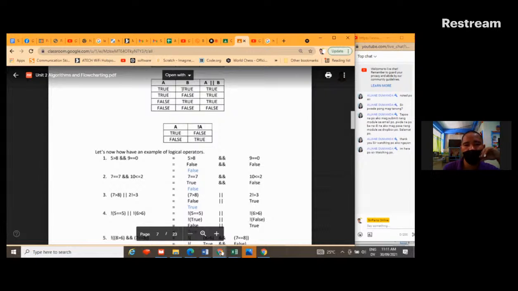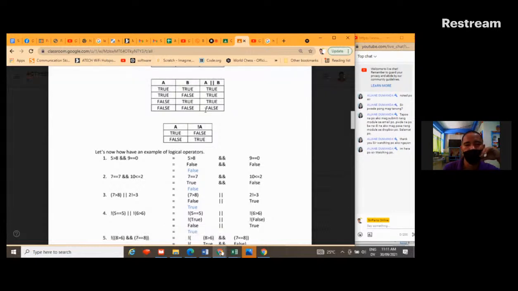Since both are true, the output here is true. In here, the output is true because A is true. This one, the output is true because B is true. So the only case it will become false is if both inputs are false.